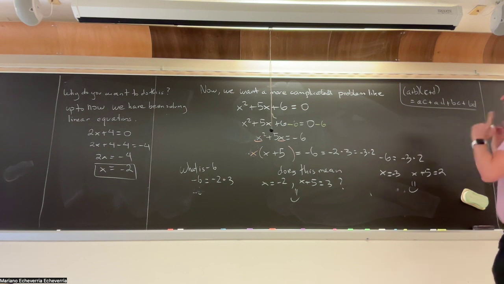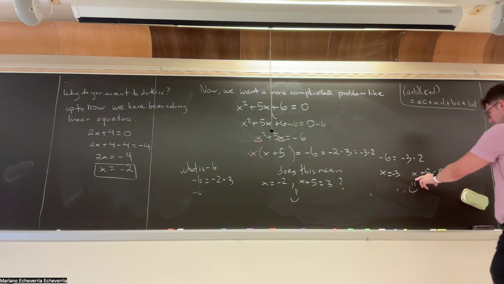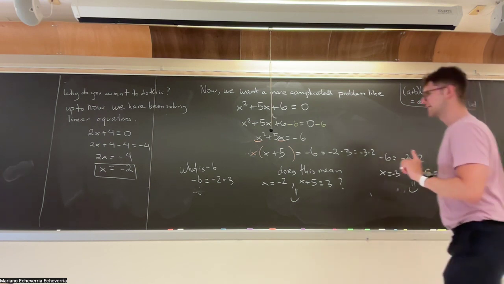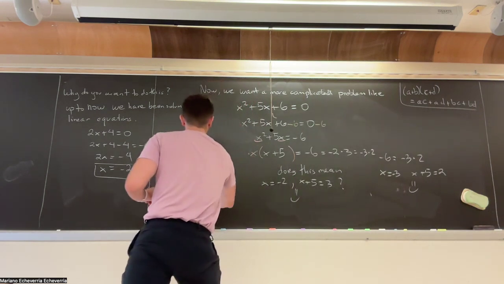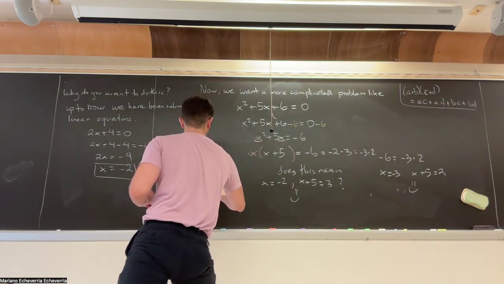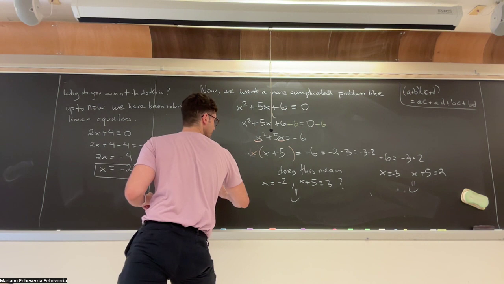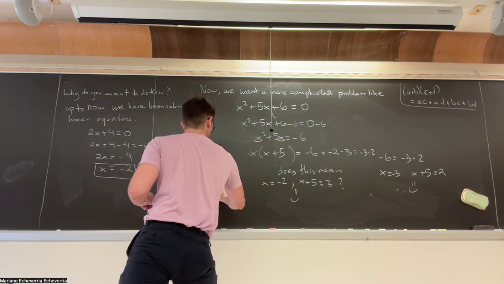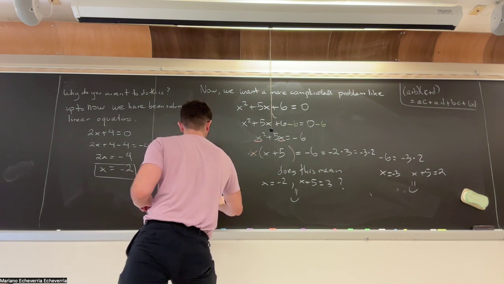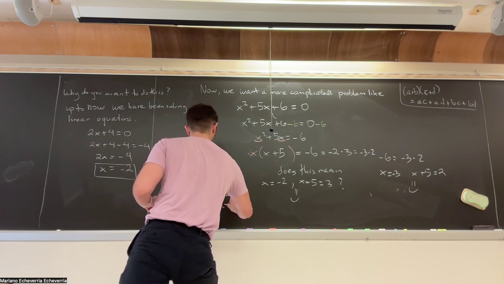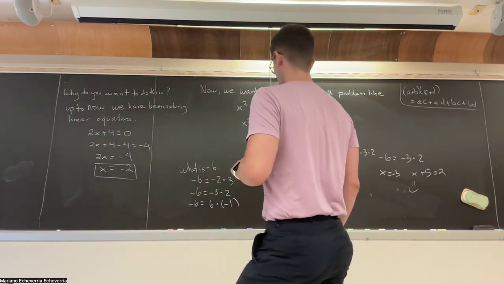But is it? Now you are like, okay, is this the only way this could have been done? Because there are other ways to write -6 as a product, right? Here's another one you could have said. I'm just giving you a bunch of ways in which you could write it.